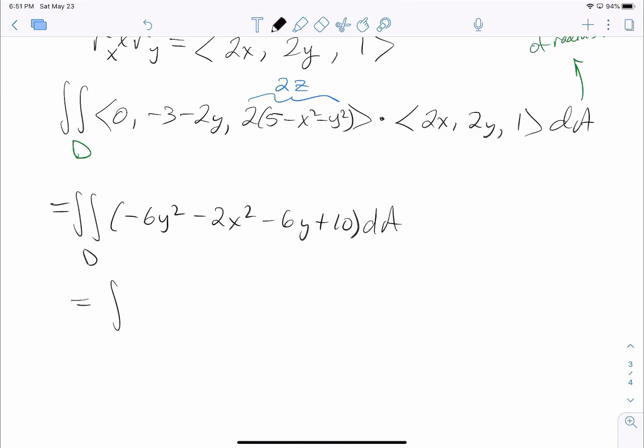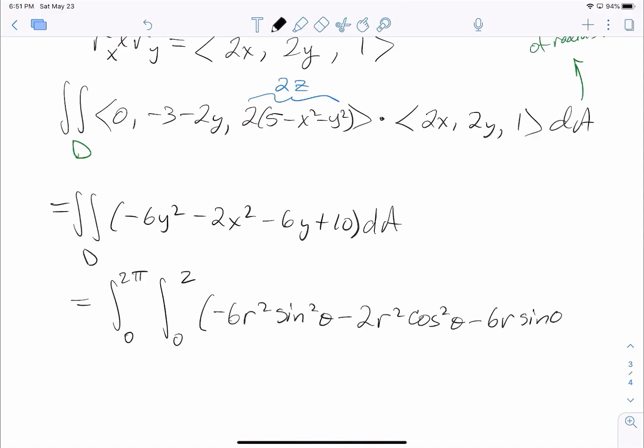And converting to polar, now we're going to be looking at the double integral, first from 0 to 2 pi, and then from 0 to 2, negative 6r squared sine squared of theta minus 2r squared cosine squared of theta minus 6r sine of theta plus 10 r dr d theta.